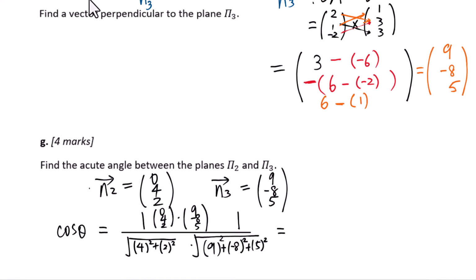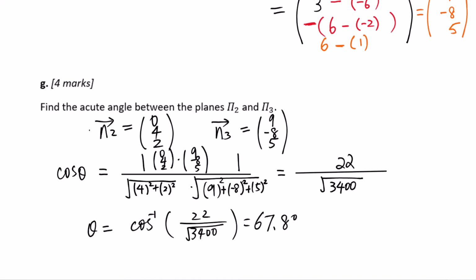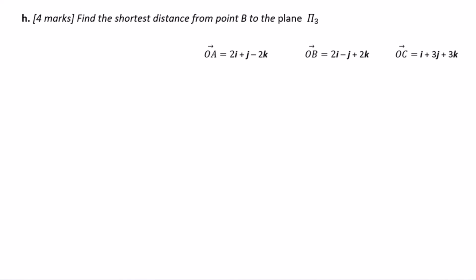Let's go to calculator. 22 for the numerator. Square root of 3400. Then theta equals inverse cosine of 22 over square root 3400 equals 67.8 degrees.